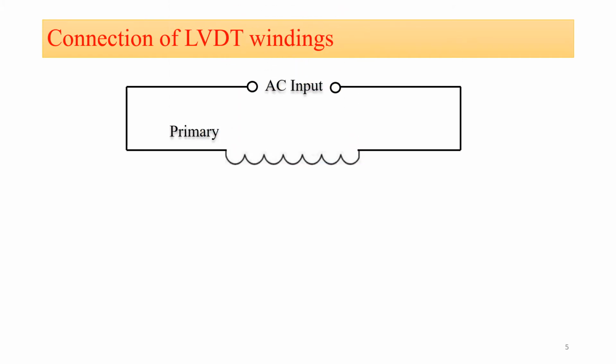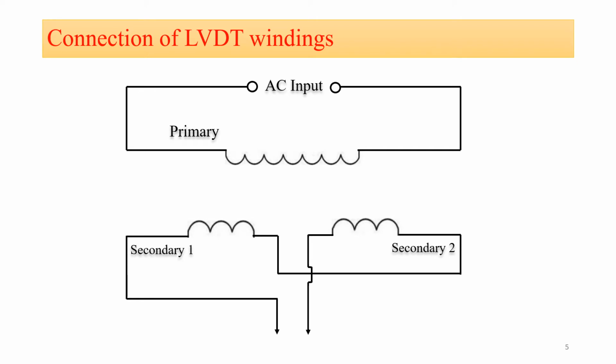As I told you, LVDT basically consists of one primary winding, and this primary winding is connected to the AC input. As LVDT is a passive type of transducer, it requires an external power supply for its operation. Here the primary winding is connected with the external AC input, and it also consists of two secondary windings, secondary winding 1 and secondary winding 2.